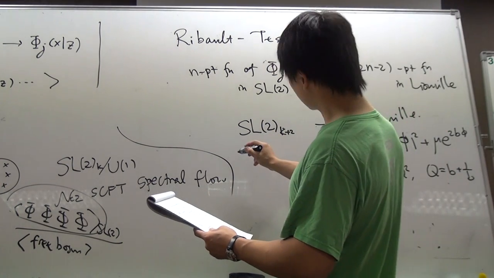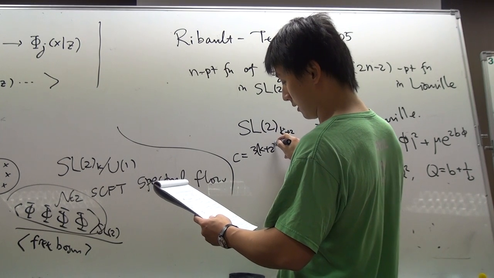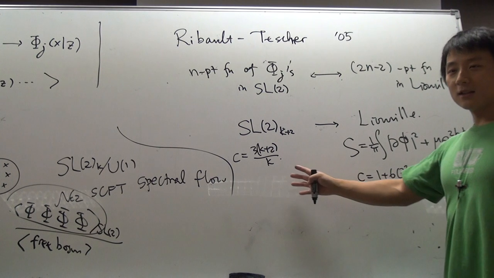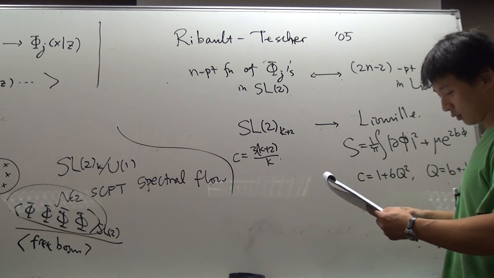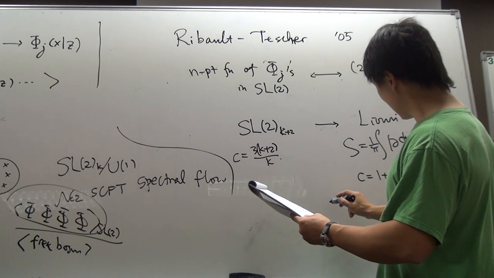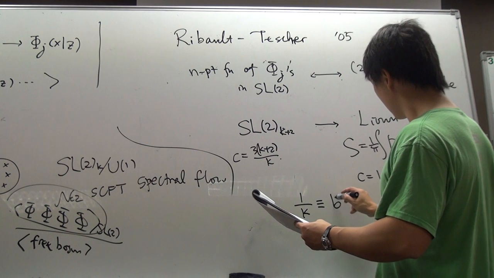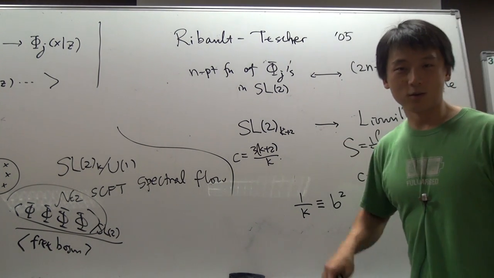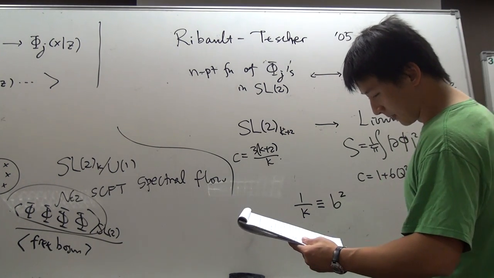This is the theory of central charge 3 times k plus 2 over k. These are not the same CFT. In fact, for the correspondence to work, the identification is that 1 over k is going to be identified with b squared. So these are not the same CFTs, even the central charges do not agree. But the statement is there's a relation among the correlators.